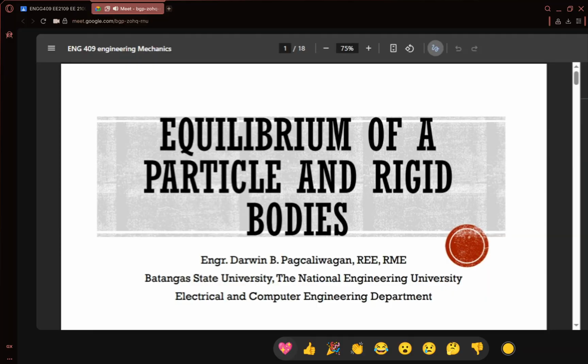So either that body is moving uniformly under the influence of equilibrium of forces, or it is in a state of rest or static, which means all the acting forces on it, the resultant of those forces is zero. So let's begin this.